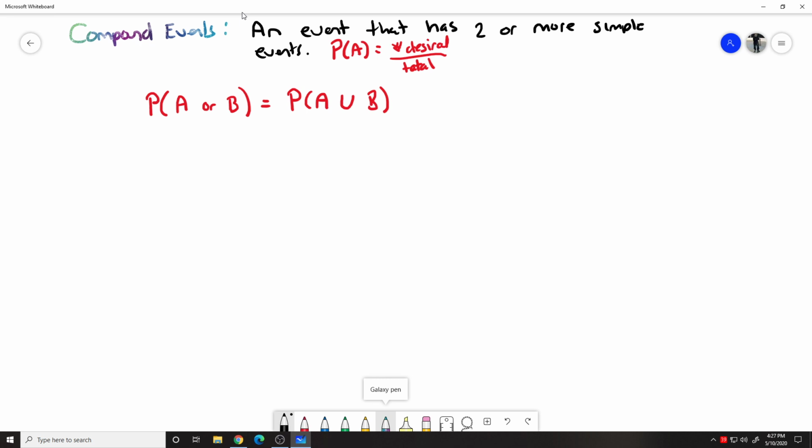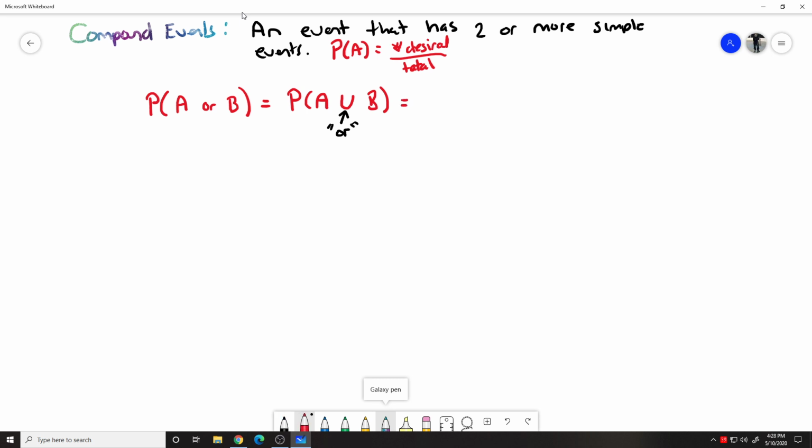Just take note that this symbol means or. It means this or that, so not both of them. One or the other happening is what we're asking. So we have a compound event and we're saying what's the probability that this thing happened or the other thing happened.